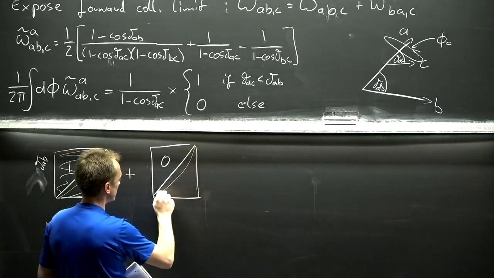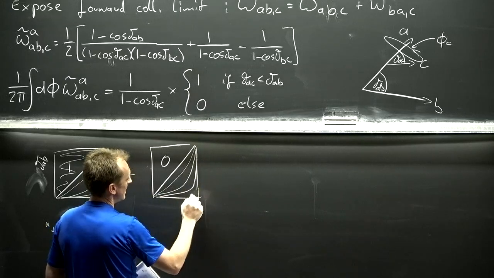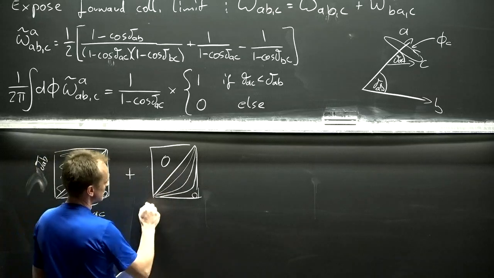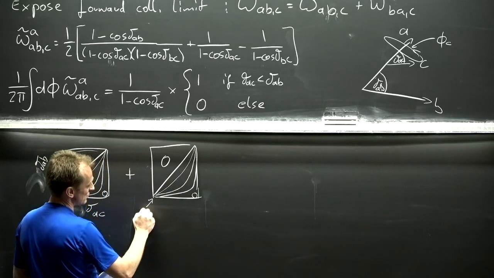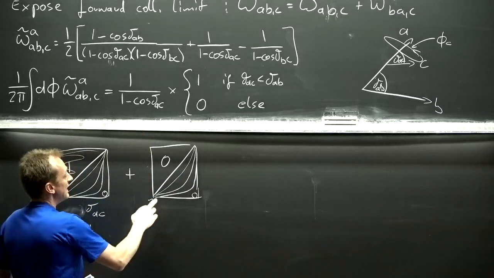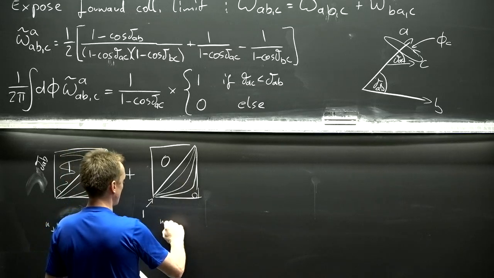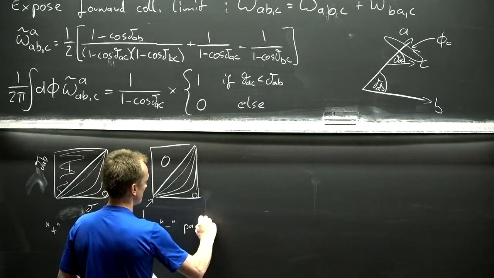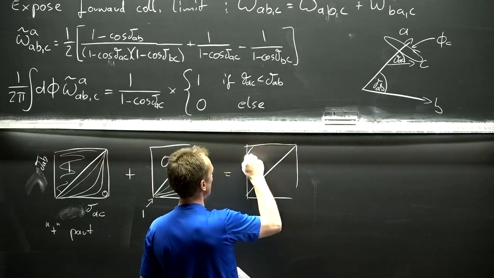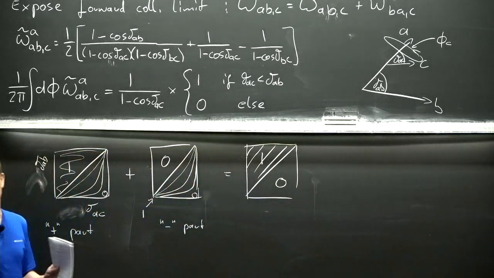And then I can again plot contour lines. And because I know that I get 0 in the not angular ordered region, it also has to go to 0 here. It has to be exactly the same but opposite, right? So on this diagonal, the matrix element is also 1 if I normalize it conveniently to this function here. And then it goes to 0, but it's completely negative, right? So this is the minus part of this integral, if you will. And they compensate each other. And I get something that is just uniformly 1 here and uniformly 0 here, if I add them up.